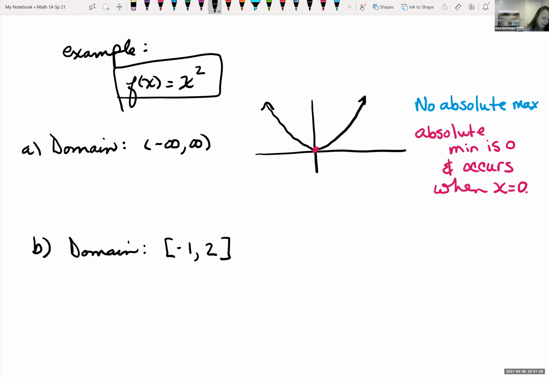So let's look at the graph of that. Again, it's a parabola, and we know where the vertex is, 0, 0. If I plug in -1 into that function, the y value I would get back is 1. And if I plugged in +1, I get back 1. And if I plug in +2, I would get back 4.